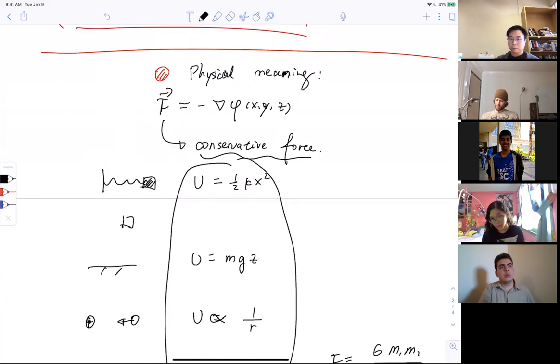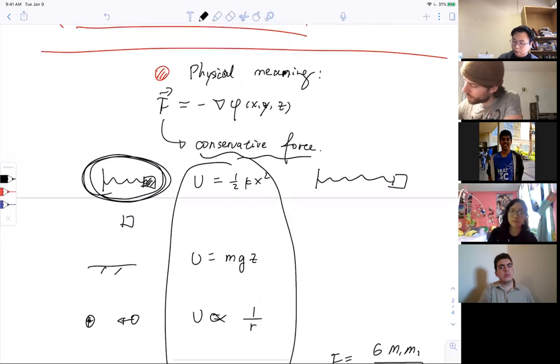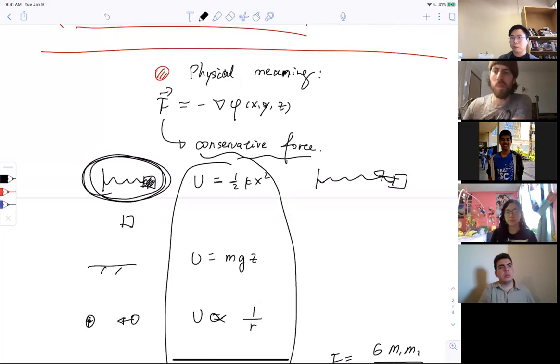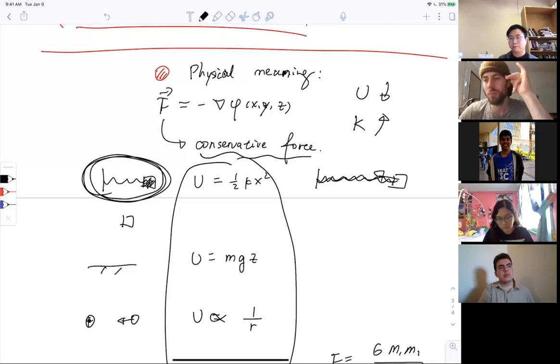So for example, for this spring force, when this force is doing work, it will reduce the spring potential and increase the kinetic energy, right? The energy stored within the spring is reduced, but the kinetic energy is increased.